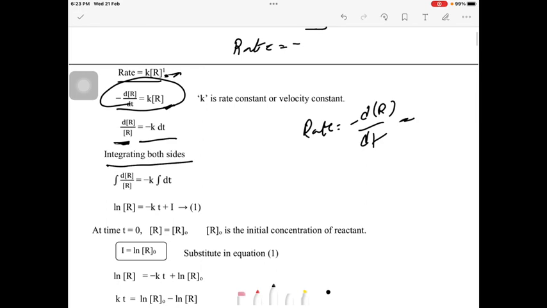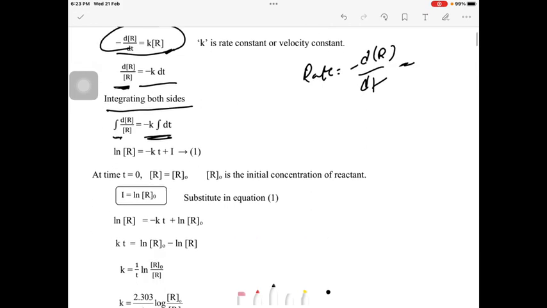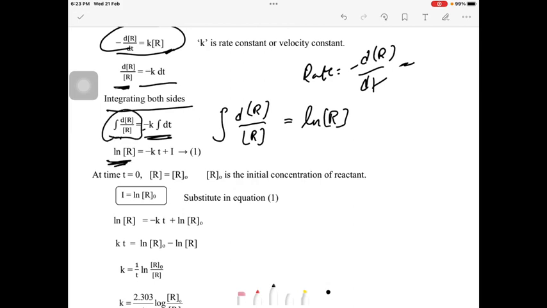Integrate on both sides, then we'll get integration d[R]/[R] is equal to minus k integration dt. So here integration d[R]/[R] is equal to ln [R]. In the place of integration d[R]/[R], we are going to take ln [R]. Minus k, integration and differentiation will get cancelled, then into t plus I. Here I is the integration constant.